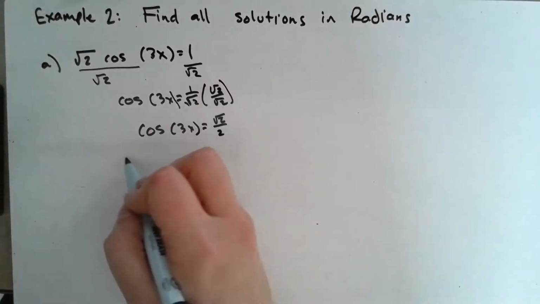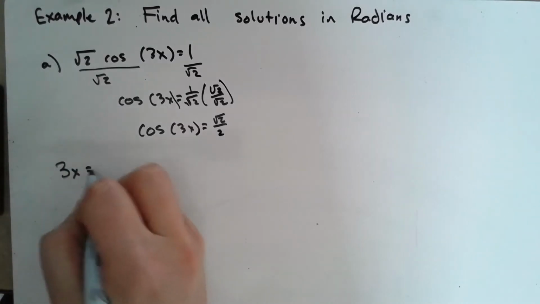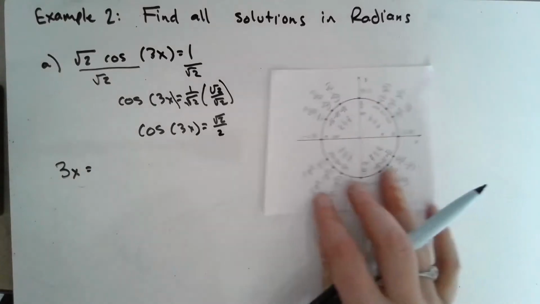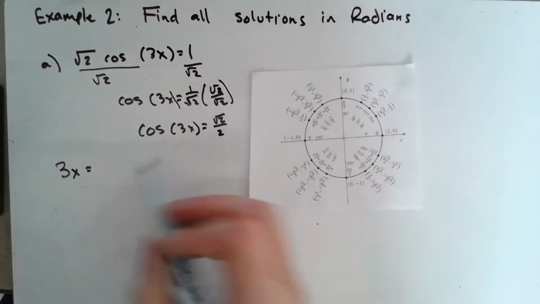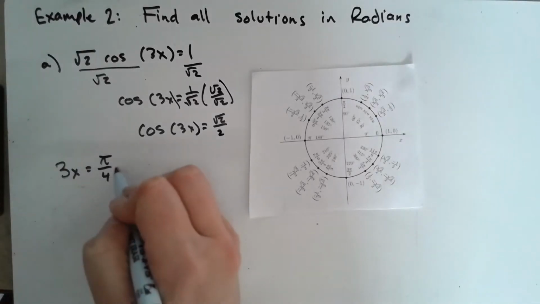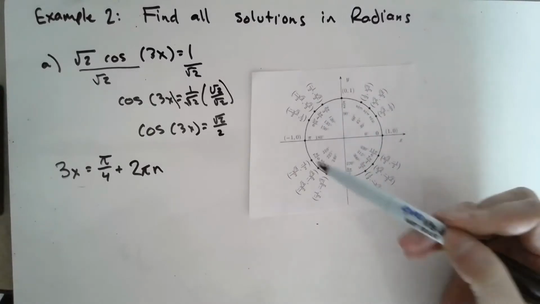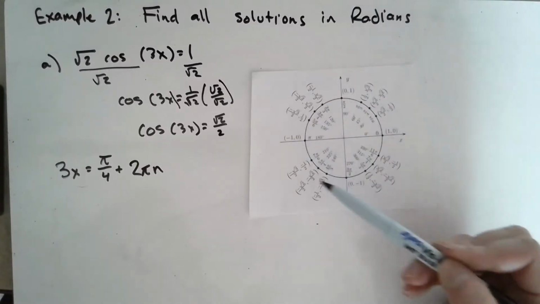So let's look at this. We're just going to ignore this 3x for a second. We're going to put 3x equals, and then where is cosine square root 2 over 2? Well, cosine is square root 2 over 2 at pi fourths, and we know that's going to happen every 2 pi n. Every 2 pi n, I am going to have a coterminal angle with the same square root 2 over 2.